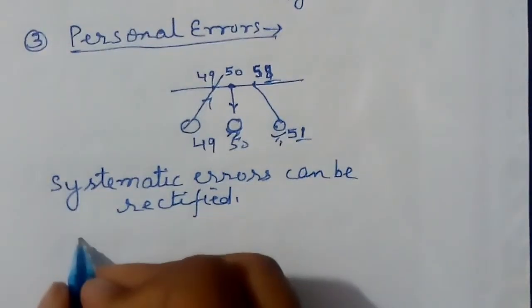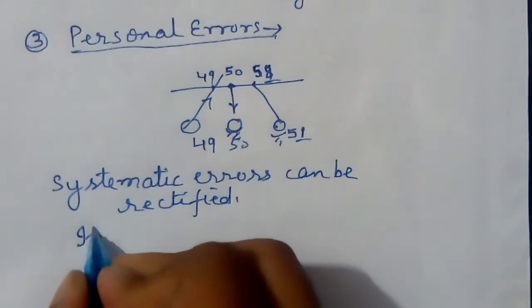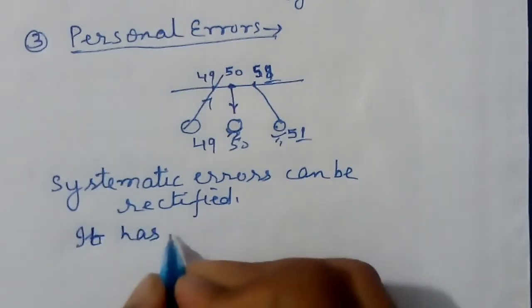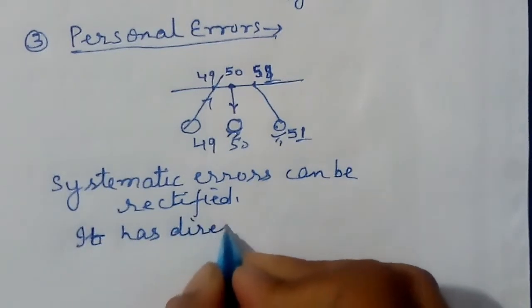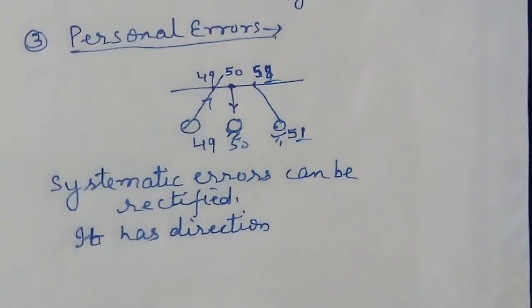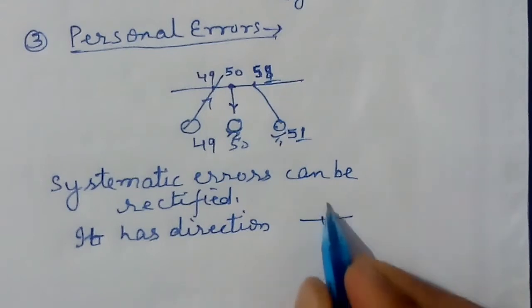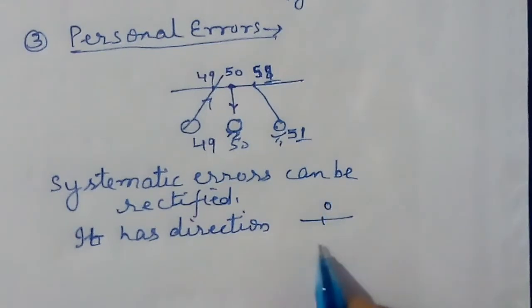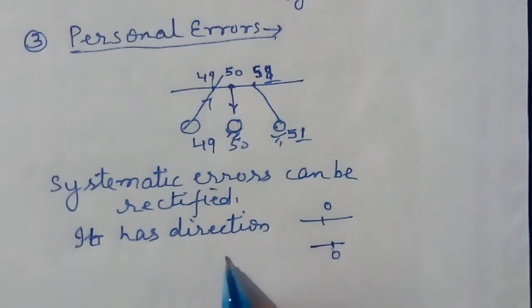Second thing is that it has direction, either positive or negative. We have discussed, in the case of zero error, either the zero of the vernier scale lies to the right of the main scale, or it lies to the left of the main scale.